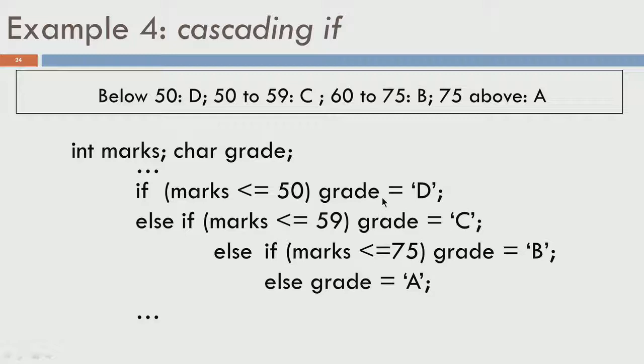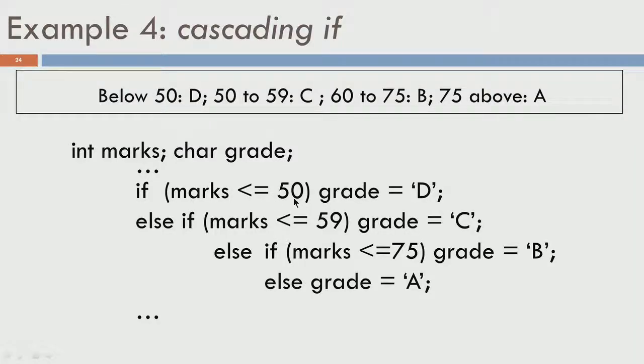Either you will get grade equal to D or C or B or A. You can never have a case where more than one assignment happens, right. So, if my mark is 40, then this if condition is true, then the grade would be D. If the mark is 65, then this expression will evaluate to false, this expression will also evaluate to false, this expression will evaluate to true, you will get grade B.